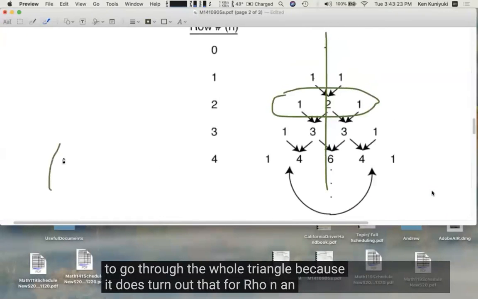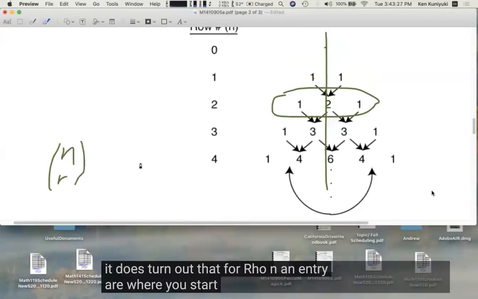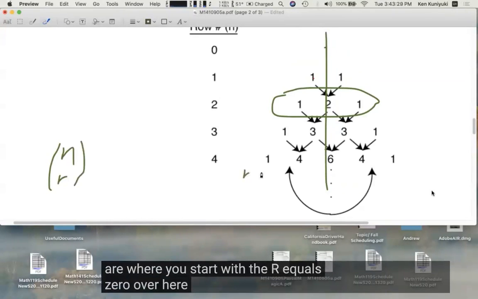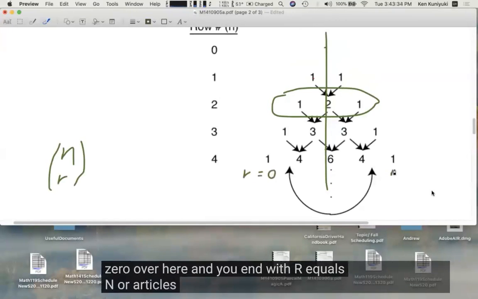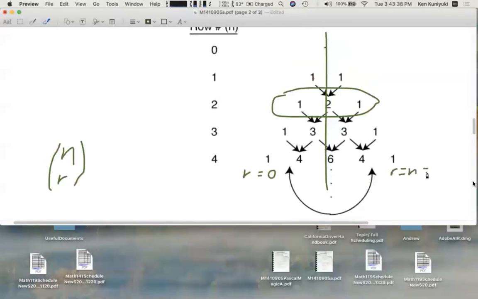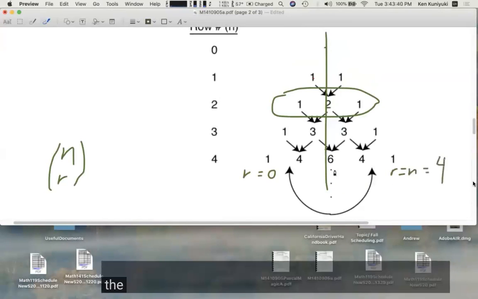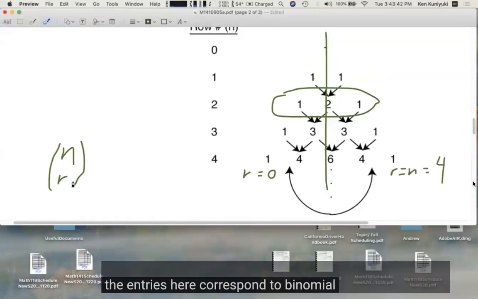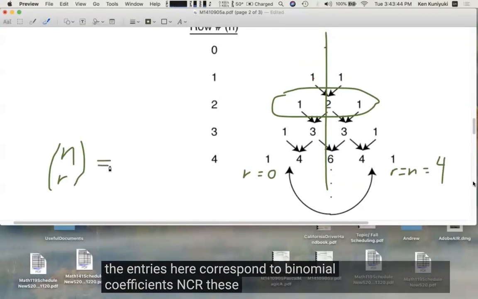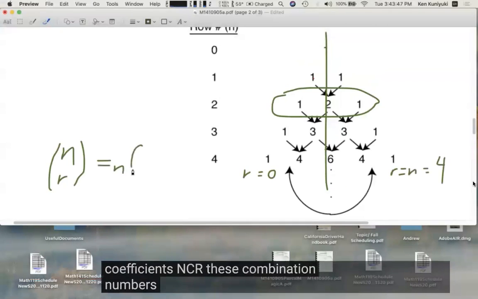because it does turn out that for row n and entry r, where you start with r equals 0 over here and you end with r equals n, or r equals 4 in this case, the entries correspond to binomial coefficients, nCr, these combination numbers.